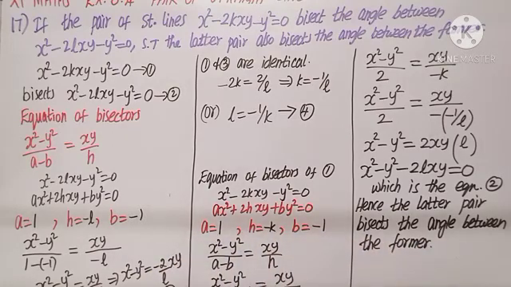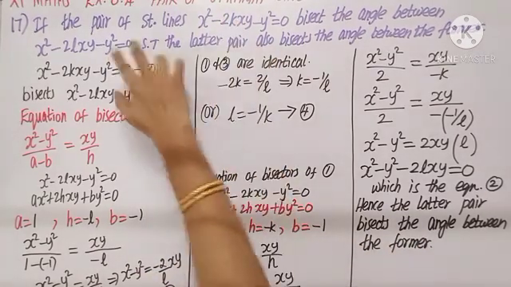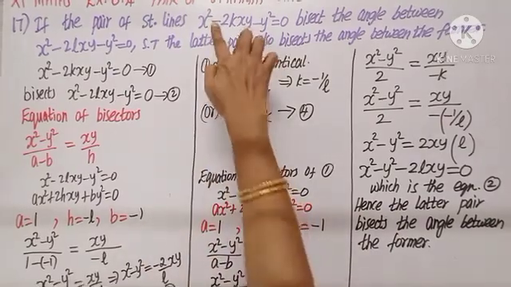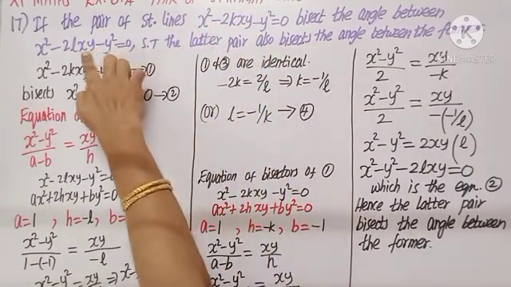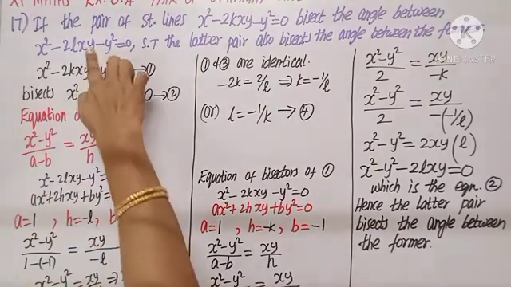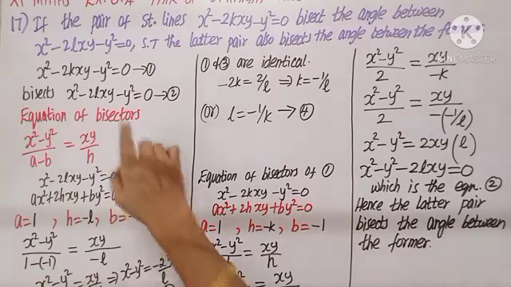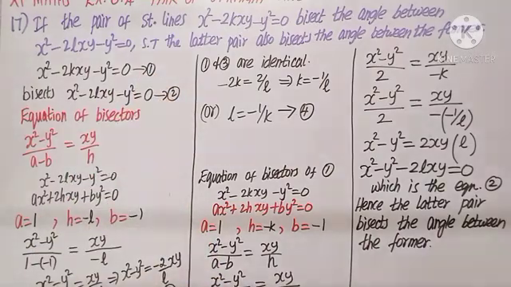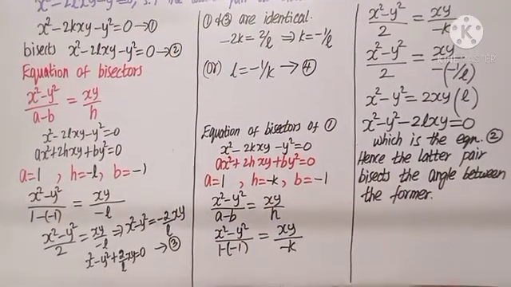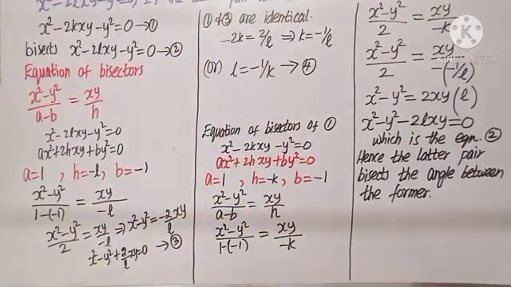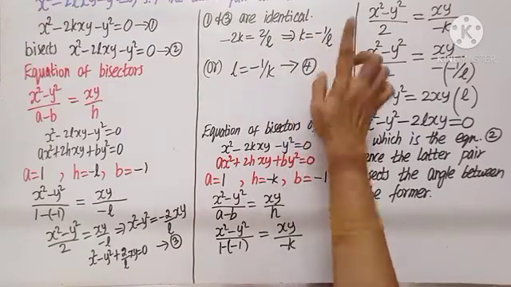Let us quickly run through the problem. Given two equations, two pairs are given, call this 1 and this 2. Given this equation, let me write the bisectors of this equation. I arrive at some answer. But bisectors are already given as 1. So whatever answer I arrived at here as 3, let me compare with the first equation and I arrive at the k value.